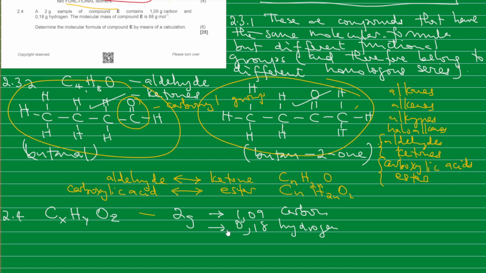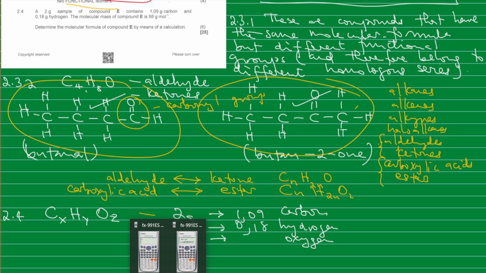If 1.09 is carbon and 0.18 is hydrogen, remember there's oxygen also here, so how much will be oxygen? The balance will be oxygen, and we need that for our calculation.